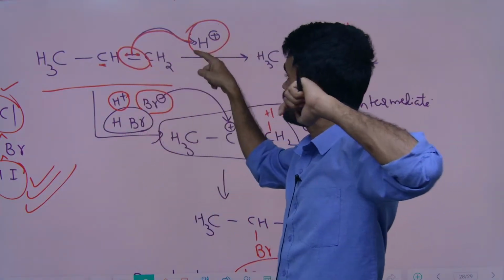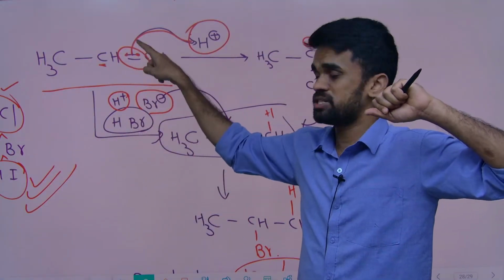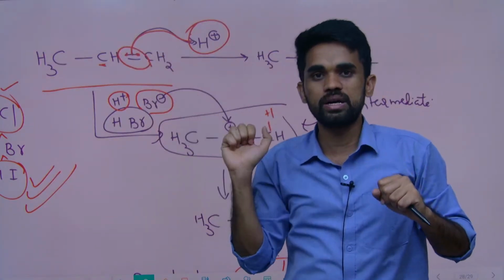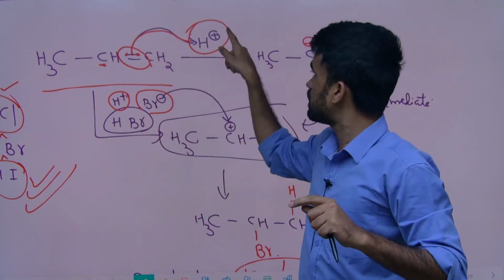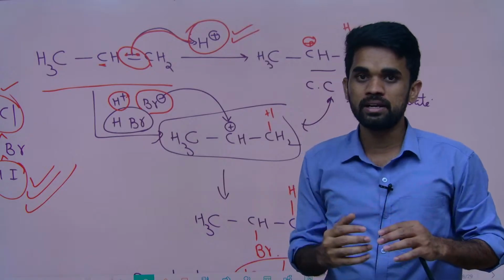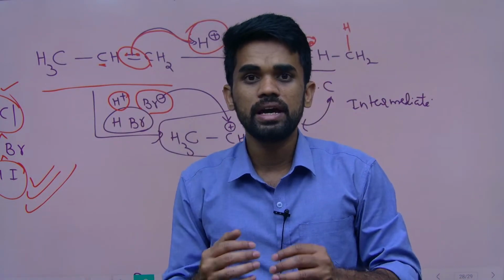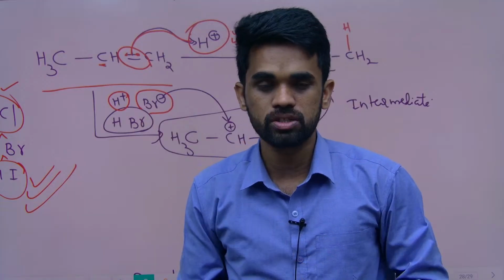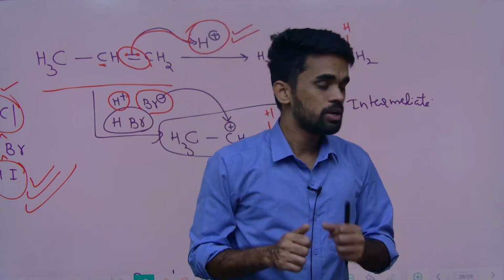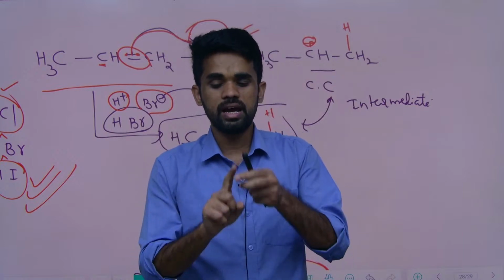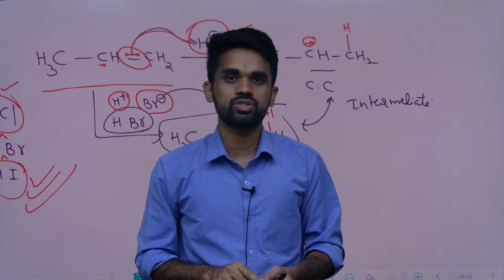Here we are adding onto the substrate, so you should call it an addition reaction. And particularly you are adding an electrophile. Okay, so electrophilic addition reaction. Electrophilic addition reactions. Okay, so you have studied nucleophilic substitution reactions and electrophilic addition reactions today in this class.